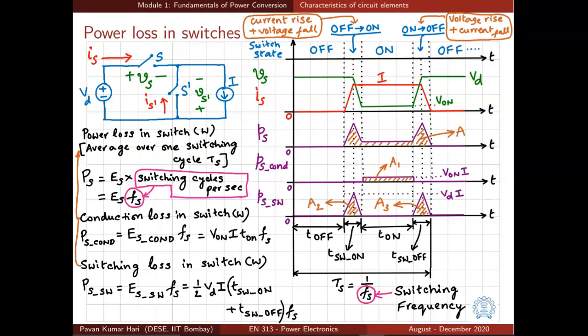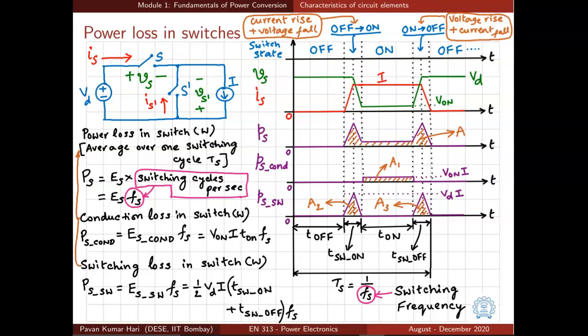The power loss in watts, that is the average power loss over one switching cycle TS, can be again found by multiplying the energy lost in one cycle by the number of switching cycles per second. So that is PS is equal to ES times FS. PS is again the sum of two average losses, PS conduction and PS switching.